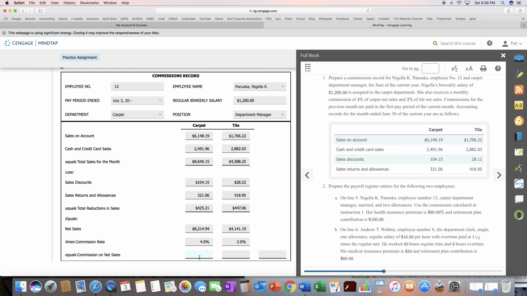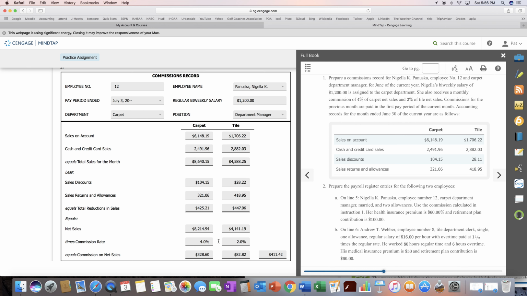We multiply that by the 4%, and I think you got to type 4.0, 2.0 to get it going. At least I did. I typed some of this in earlier just so that it wouldn't be such a long video. And you can pause and do whatever you need if you need to.